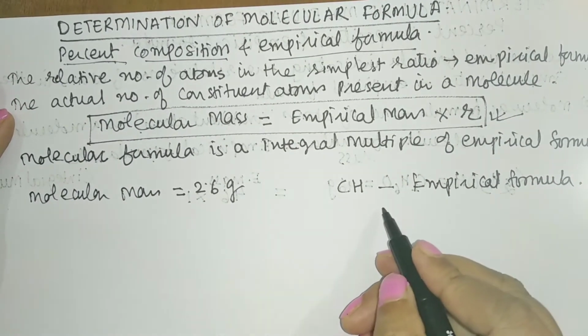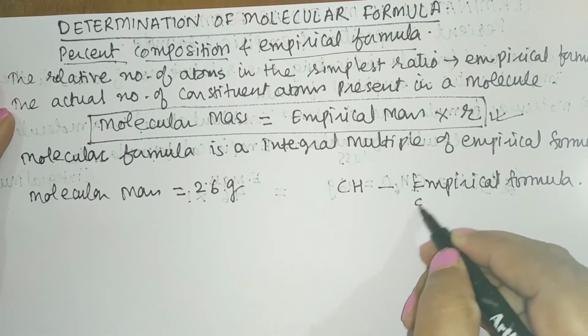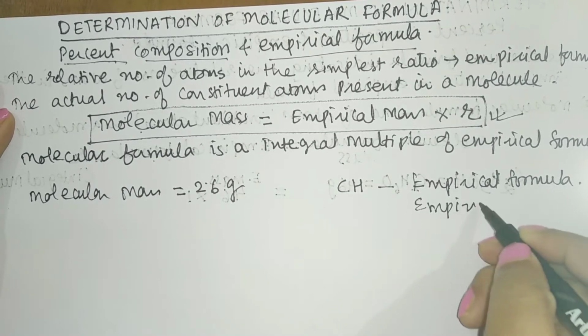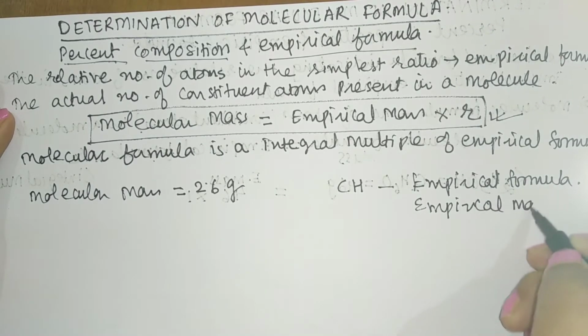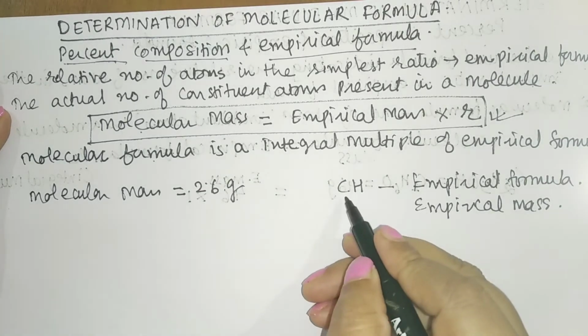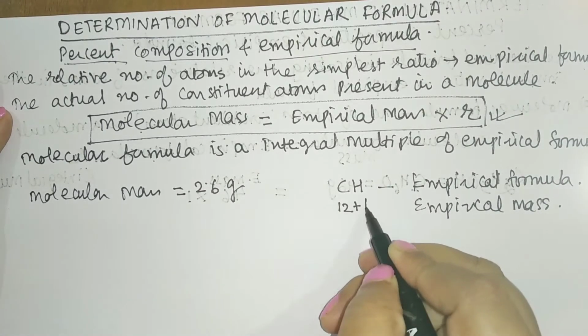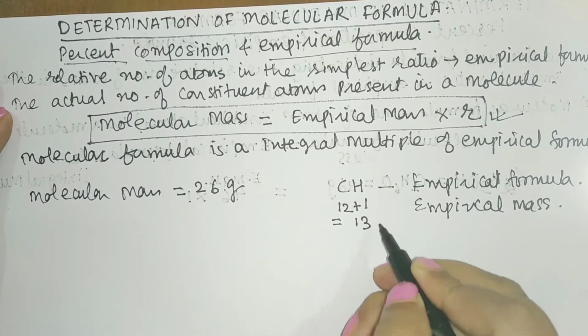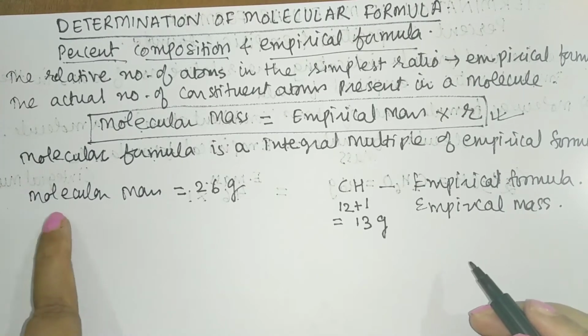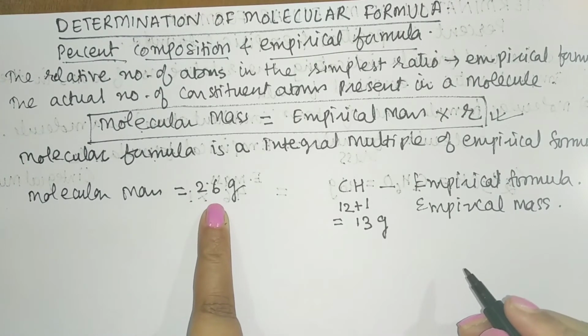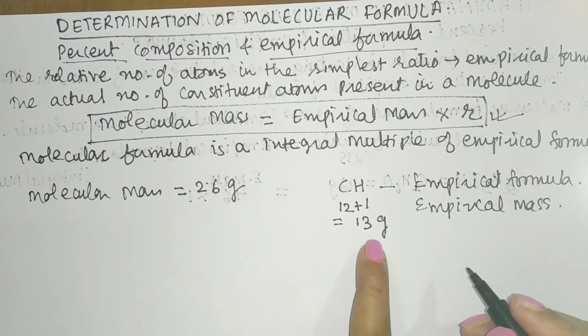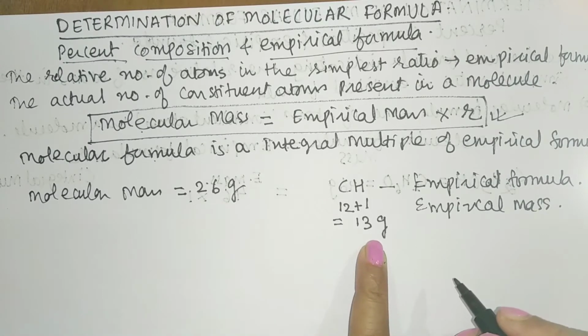Now first we will calculate its empirical mass. So what is its empirical mass, student? This will be 12 plus 1, that comes to 13 gram. But according to the molecular mass, it is 26 gram.